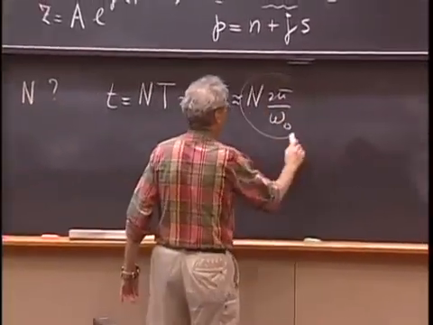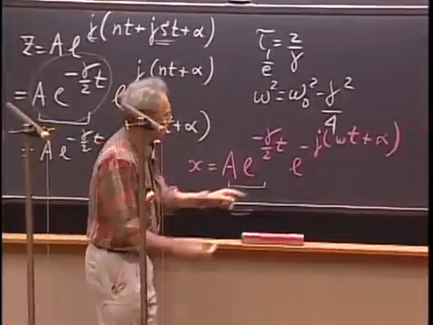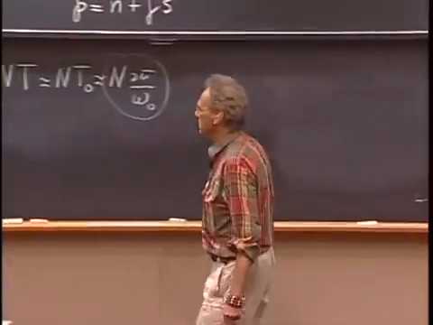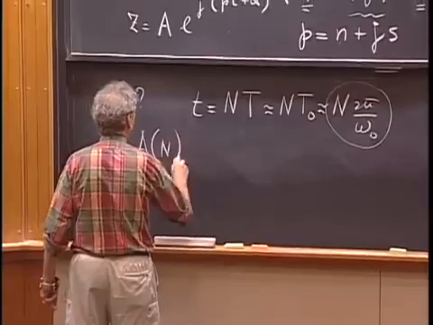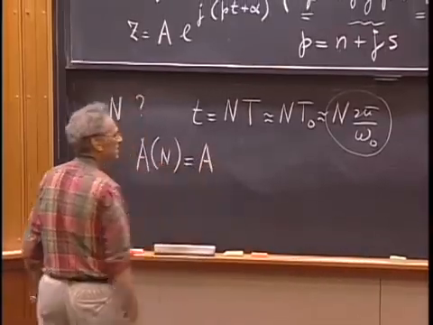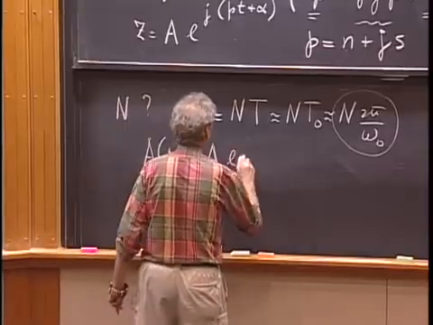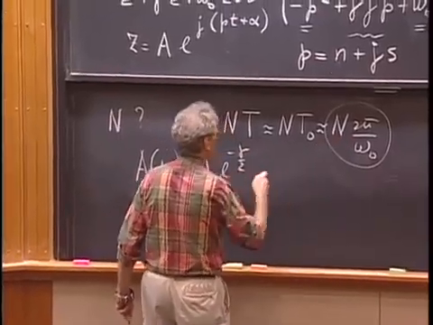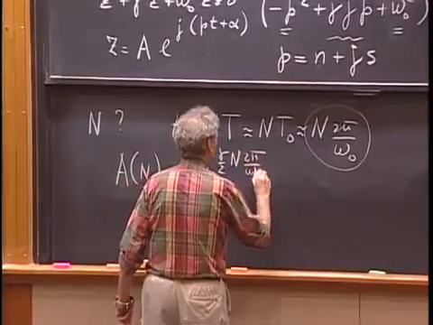I can now substitute this time in this T and only concentrate on that decay portion, that early part. So what I find then is that A, after n oscillations, is A times e to the minus gamma over 2 t, e to the minus gamma over 2, times this time after n oscillations, n times 2 pi divided by omega 0.